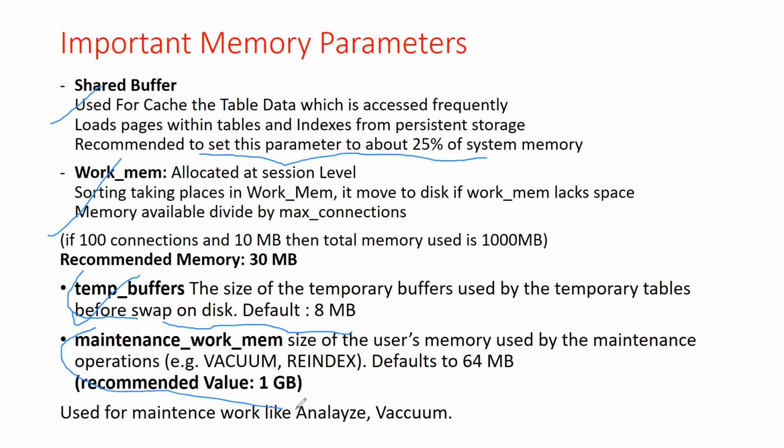Then there is the maintenance work memory. Maintenance work memory is the memory used by vacuuming, auto vacuuming sessions. By default it is 64 MB. The recommended value is 1 GB. Sometimes in production databases we keep auto vacuum completely off, just because it keeps running in the background, keeps cleaning.